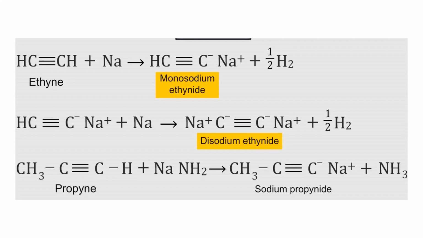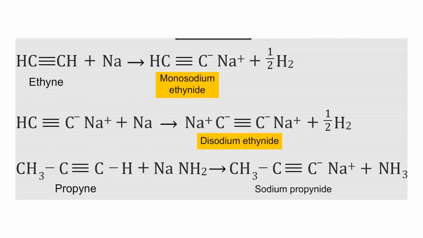Hence, these attract the shared electron pair of the C-H bond of ethyne to a greater extent than the sp2 hybridized orbitals of carbon in ethene and the sp3 hybridized orbitals of carbon in ethane. Thus, in ethyne, hydrogen atoms can be liberated as protons more easily as compared to ethene and ethane.